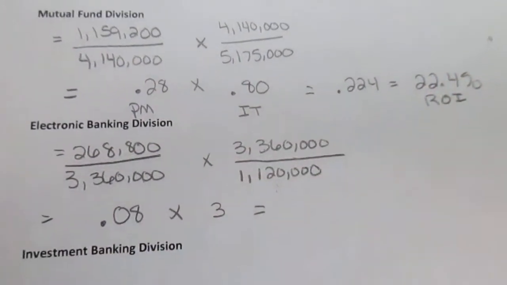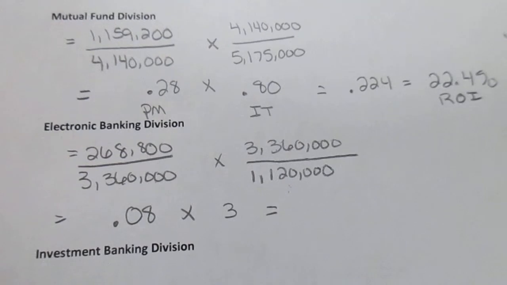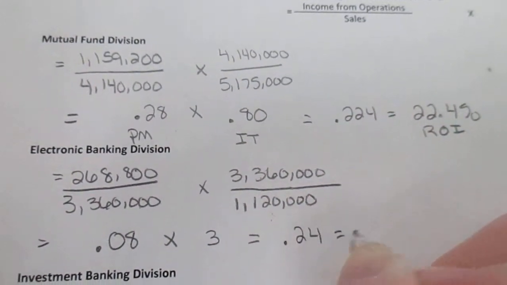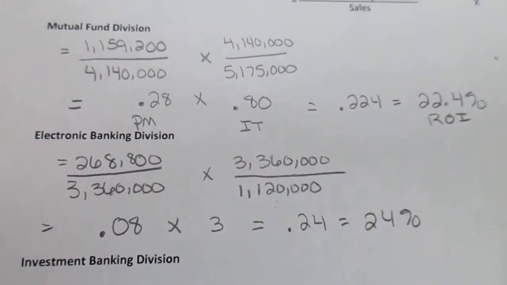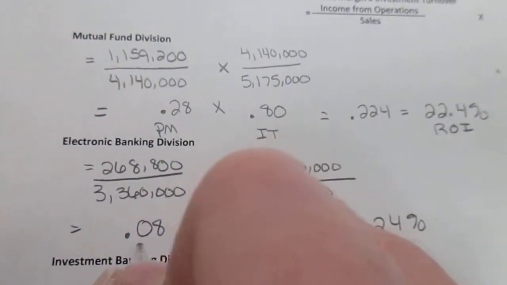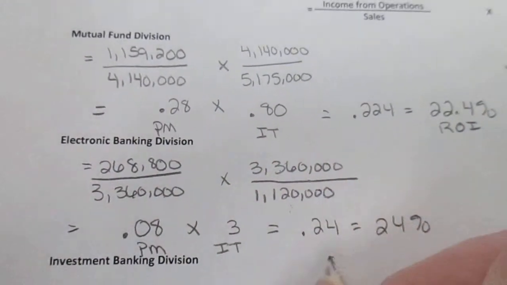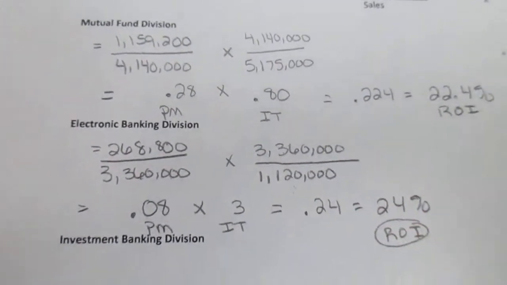And then if we multiply those together, we get 0.24, which is the same as 24%. Again, this one is your profit margin, your investment turnover, and your return on investment.